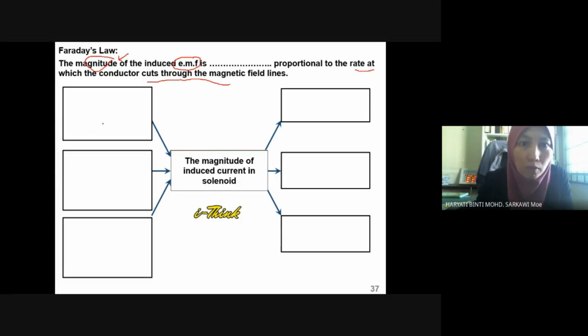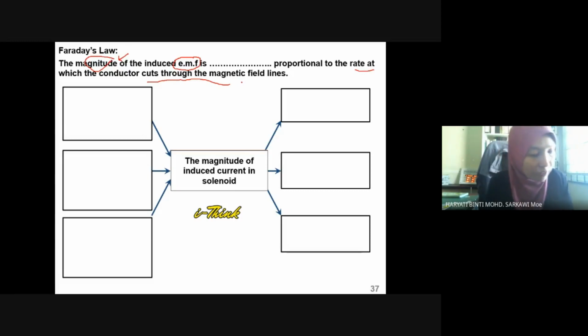The more magnetic field lines are cut in a short period of time, the bigger the magnitude of the induced current. When the relative motion is bigger and faster, there will be more magnetic field lines cut and more induced EMF produced. For Faraday's law, can I say the magnitude of induced EMF is directly proportional to the rate of change of magnetic flux? Yes, can.